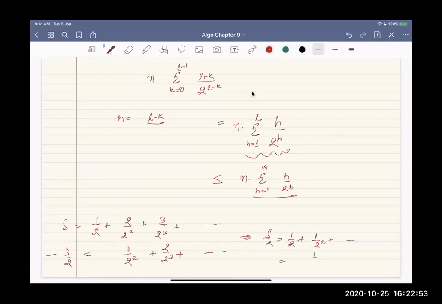That you know is 1 by 2 divided by 1 minus 1 by 2, and that is 1. So S has a value of 2. So this is equal to 2n. So that means the complexity of building the heap is nothing but order n.